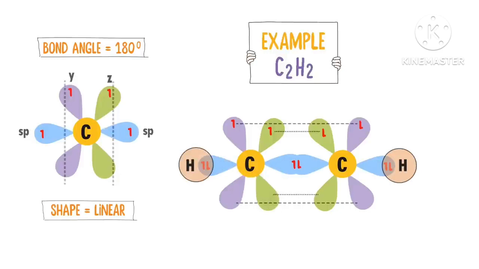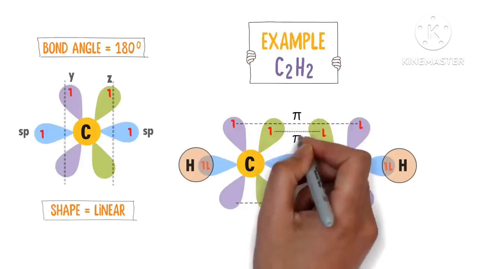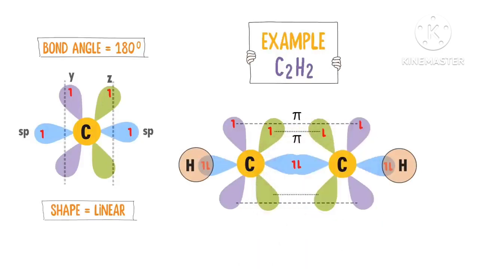There are 2 unhybrid orbitals, 2py and 2pz, joined between carbon atoms, so there are 2 pi bonds present in ethyne. While there is one hybrid orbital joined between carbon atoms, so there is only one sigma bond present in ethyne. Hence, this is the shape and geometry of a molecule in which carbon has sp hybridization. Thus, note down this example.